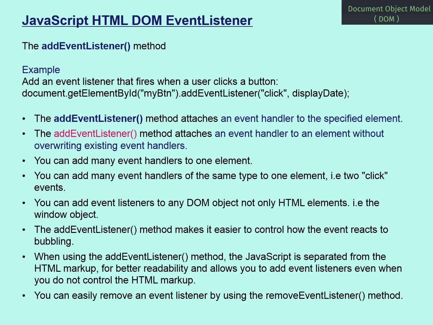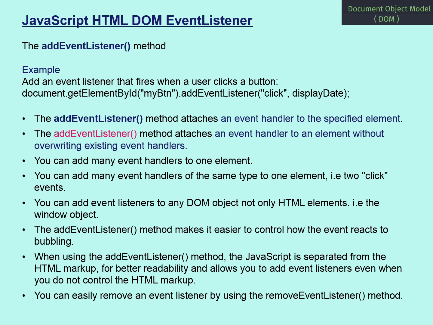Now we can see some of the HTML DOM event listener methods. The method used for adding event listeners is the addEventListener method. Add an event listener that fires when a user clicks a particular button.